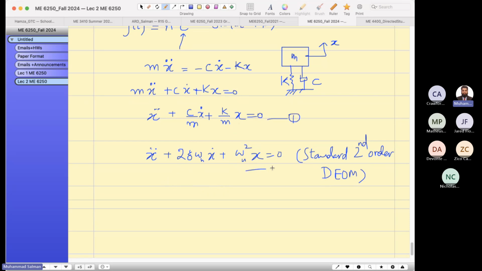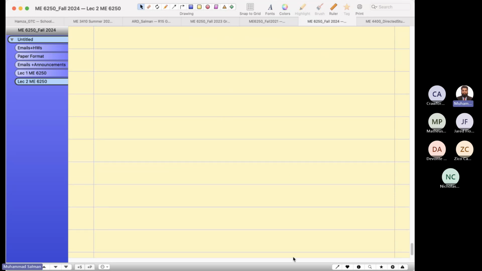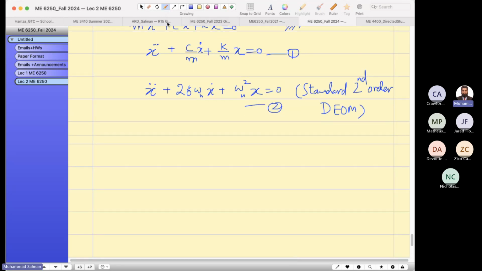So if you compare one with two, we can find out the natural frequency if we compare the coefficients of x. What is the coefficient on the left? Equation 1, equation 2. Equation 1, this coefficient is k over m. It is equal to omega n square. So we found that omega n equals square root of k over m. This is the natural frequency, or we call it resonance, free vibration.